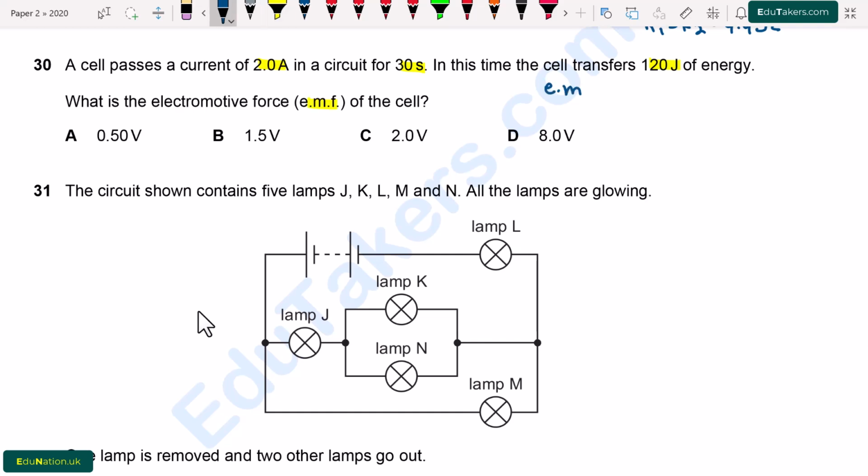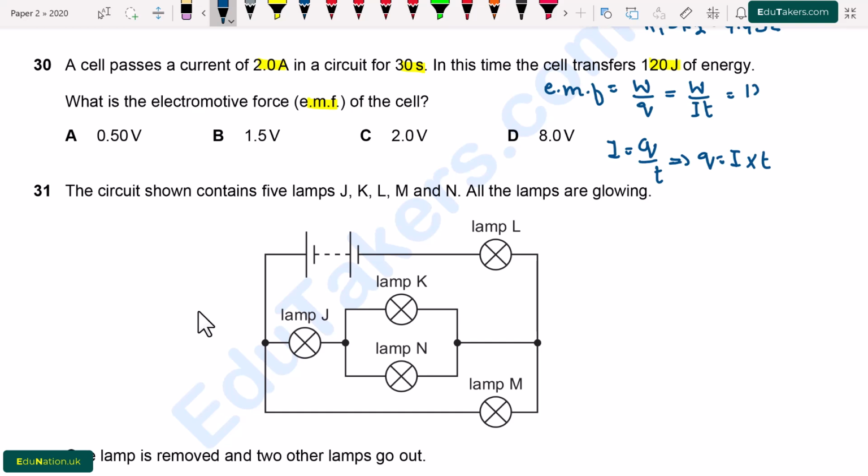I write here EMF is the work done on charges to move across the whole circuit. Here we are given energy, which is actually equal to work, but we have to find out the charge Q. Current and time are given. So I write I is equal to Q over T and Q is equal to I multiplied by T. So EMF is W over IT.